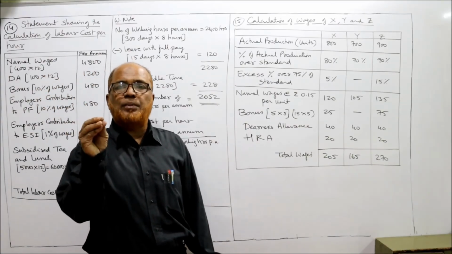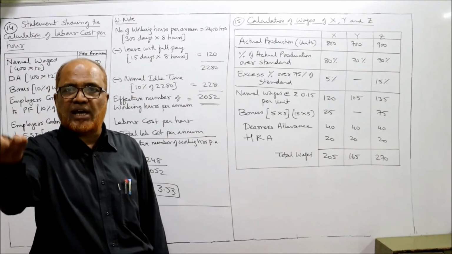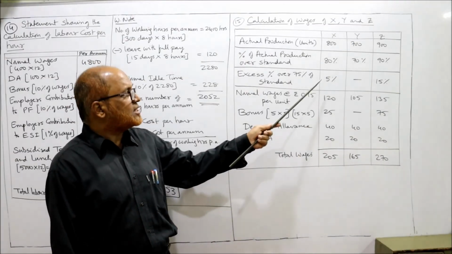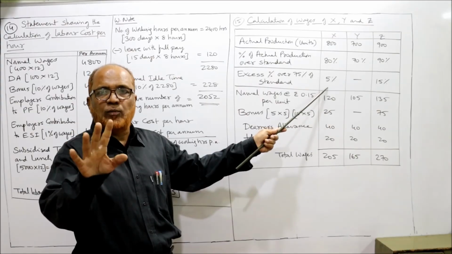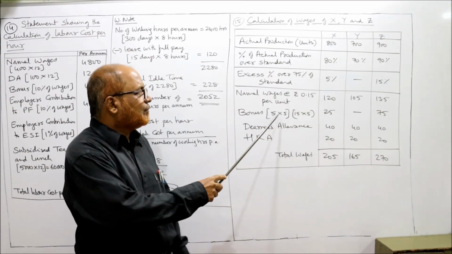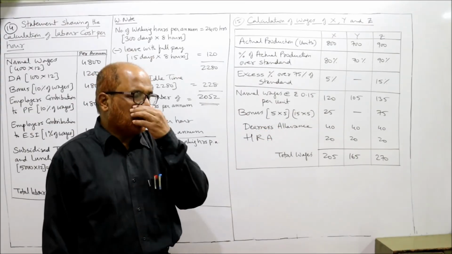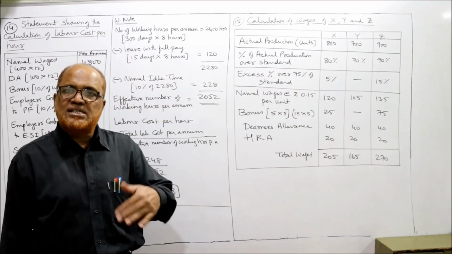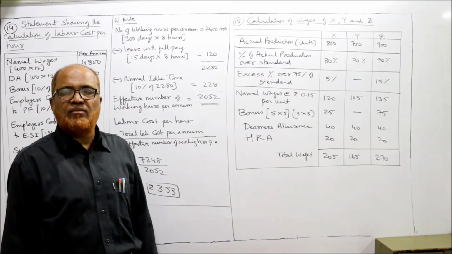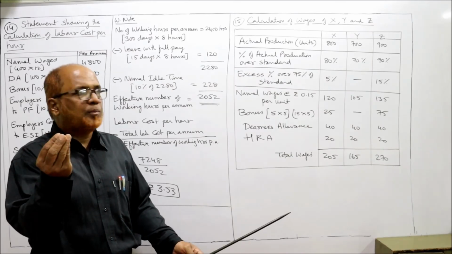Bonus will be paid 5 rupees for every 1% extra. So how much extra has X produced? 5%. So for every 1%, 5 rupees. So 5 into 5, 25 rupees bonus will be paid to X worker. Y worker will not get any bonus. Z worker will get the bonus, 5 rupees for excess.